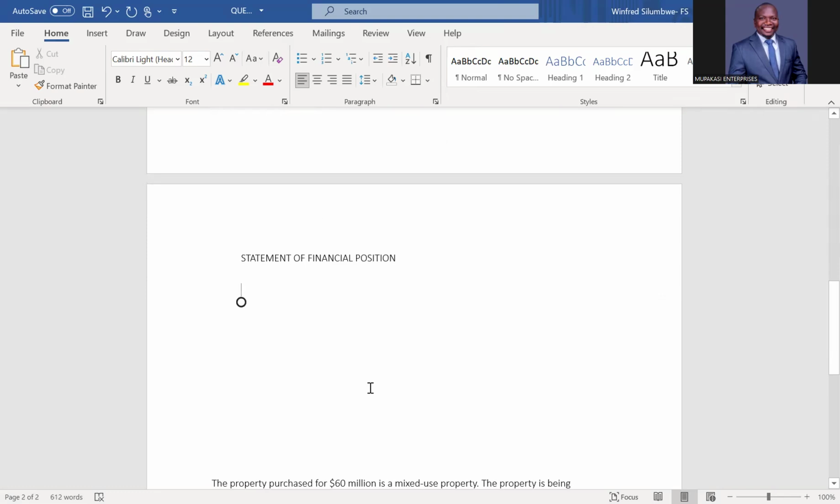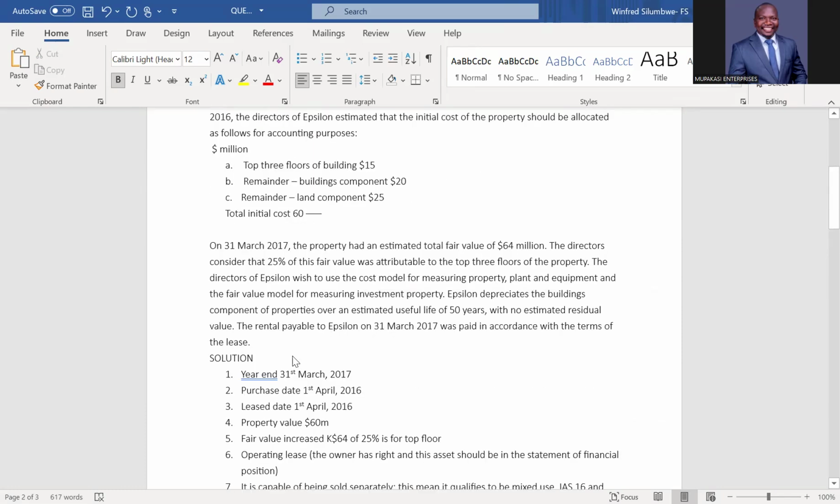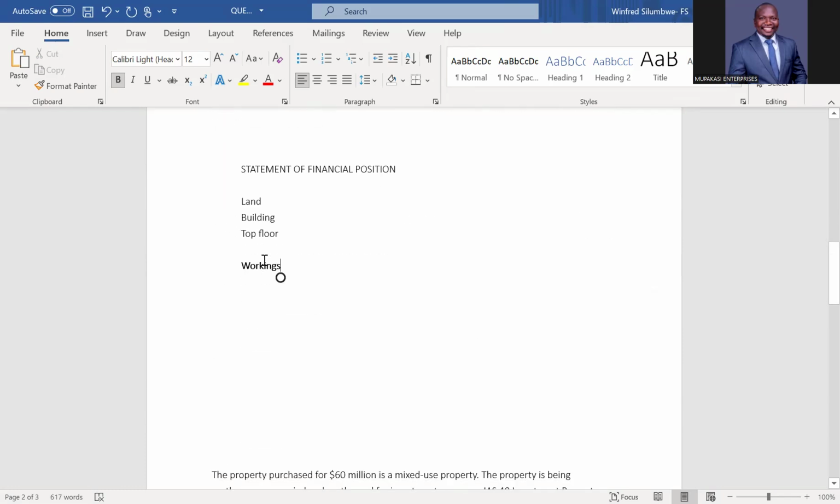We have land, and we put the value here. We also have building. We also have top floor. Now let's talk about the workings. Great. The workings will be as simple as we can. First of all, we are told about the top floor. First, let's start with the top floor. Working number 1. Top floor.